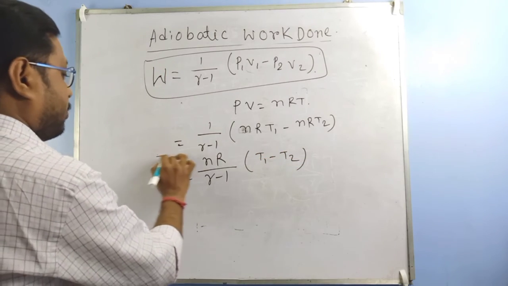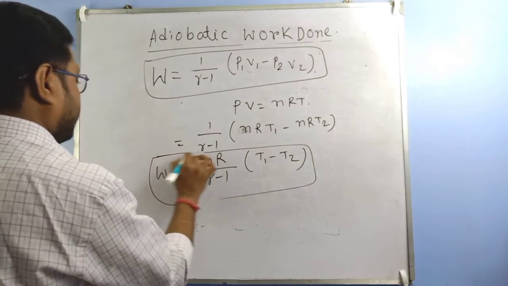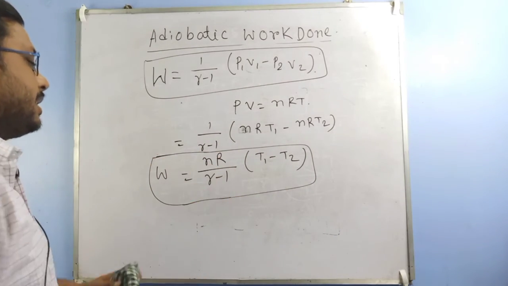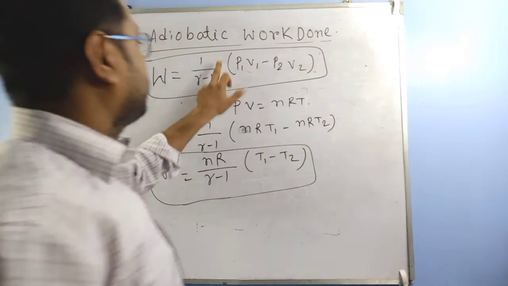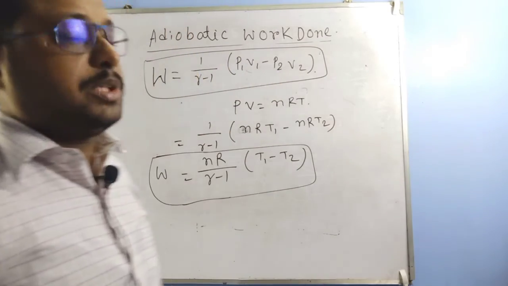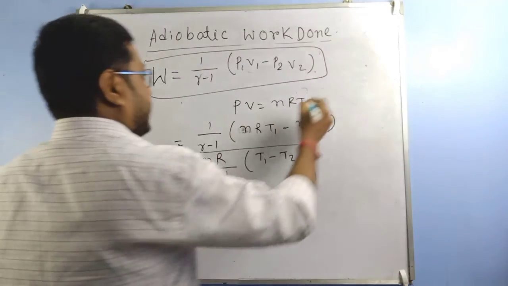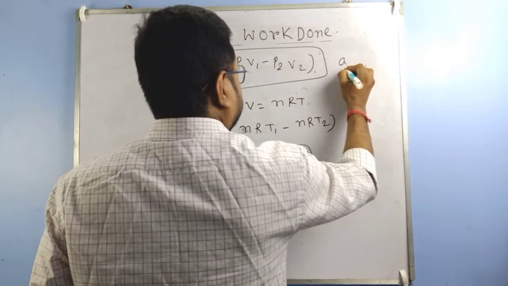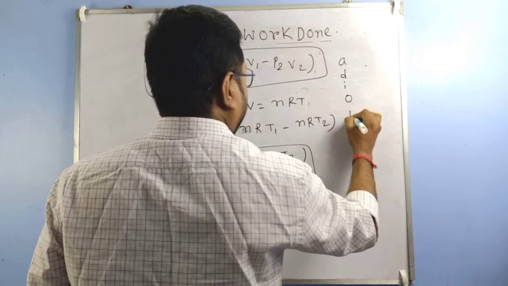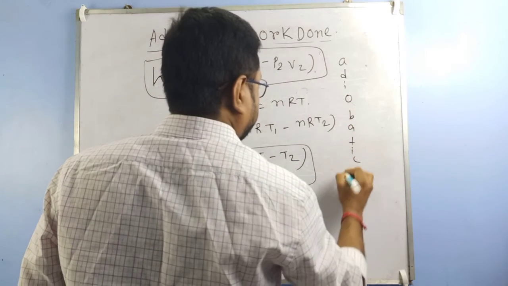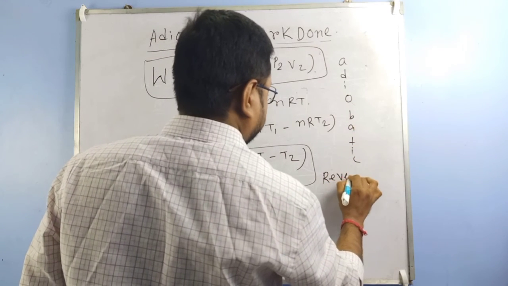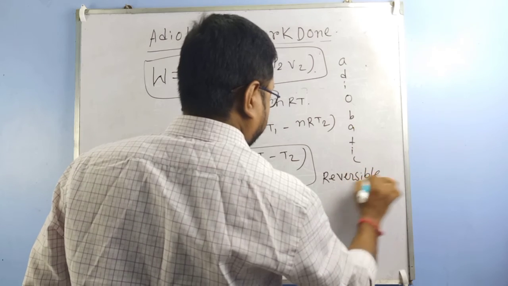So we get two formulas for adiabatic work done: one is nR by gamma minus 1 times T1 minus T2, and the other is 1 by gamma minus 1 times P1 V1 minus P2 V2. This is the work done in an adiabatic reversible process.